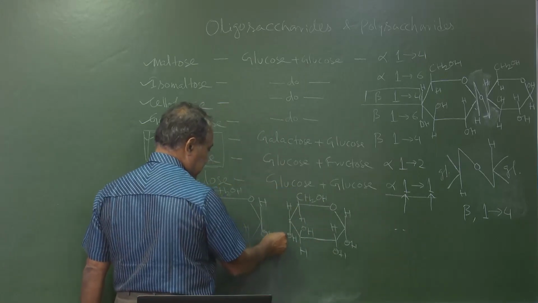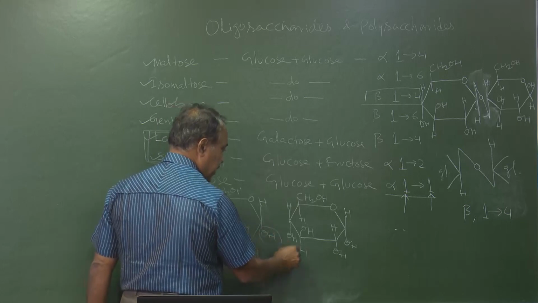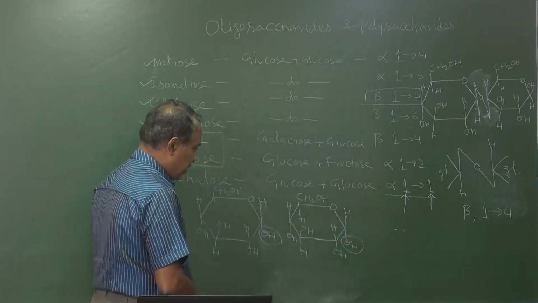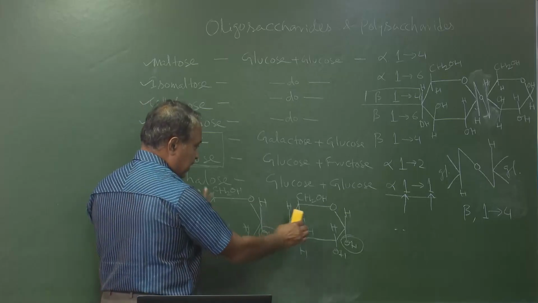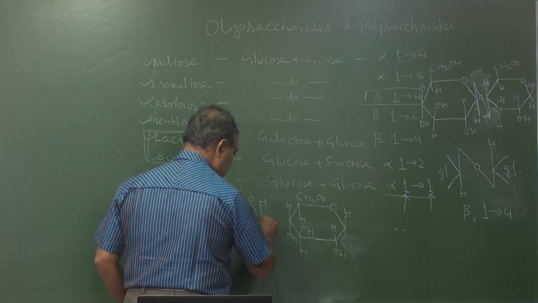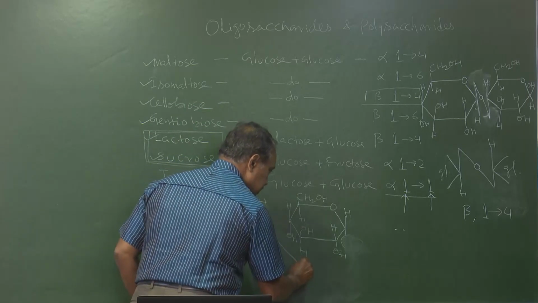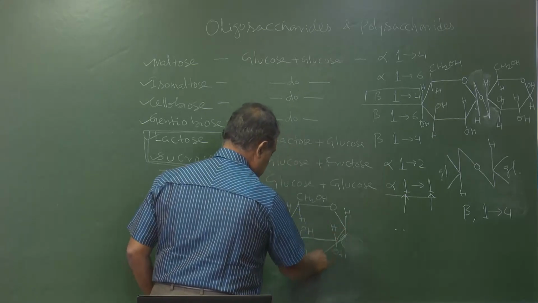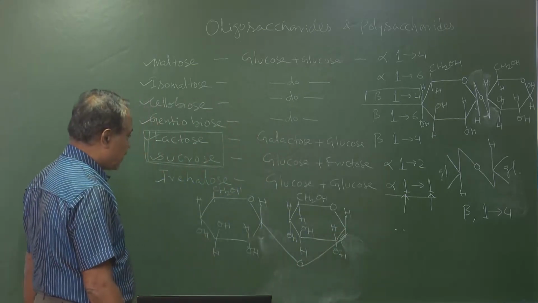So we will find this is the one of this and this is one of this. So both of them will be joined, and both are in alpha form. We can put it like this.